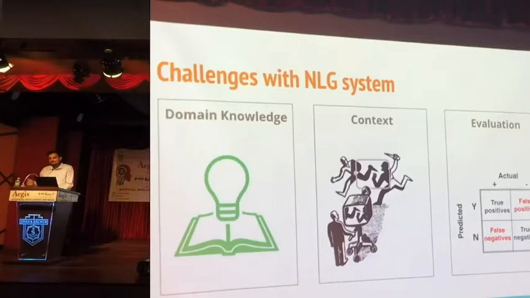Other challenges which are very specific to NLG are that a lot of knowledge base or domain knowledge is required. The second thing is the context. I think the biggest problem right now for any language system is context: what to talk about, what kind of words to choose, and how to talk about it. It's very, very difficult.